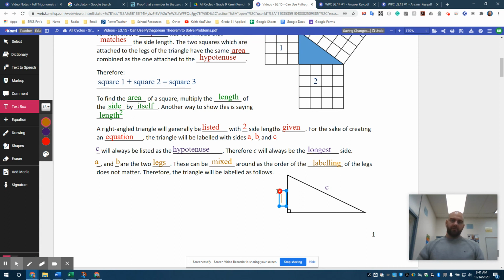Or vice versa, we call that B and that A. It really doesn't matter. But it's important that we understand how we label these, because to solve for one of the sides, we need to make sure we have it labeled. A and B are the legs, and C is our hypotenuse.